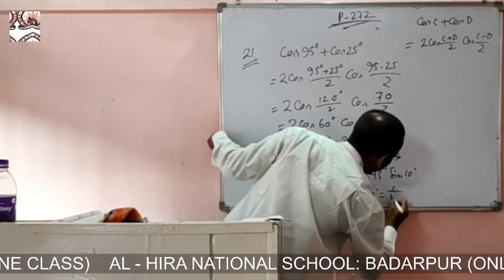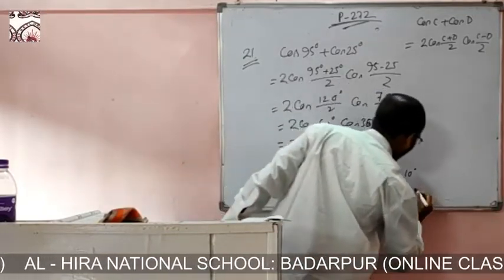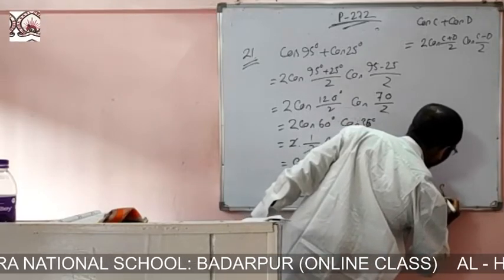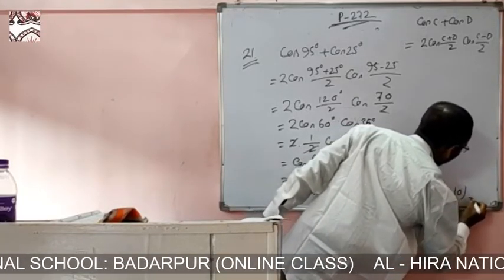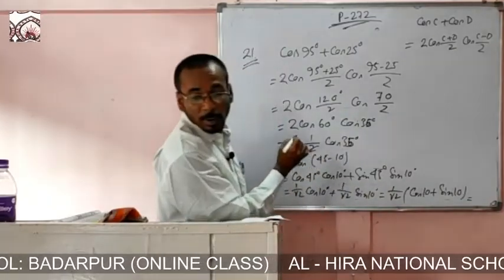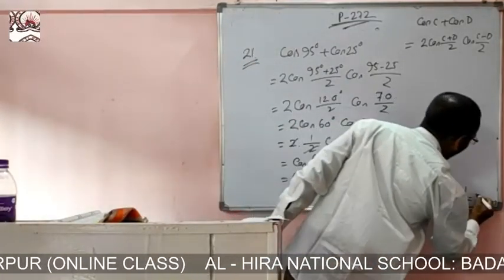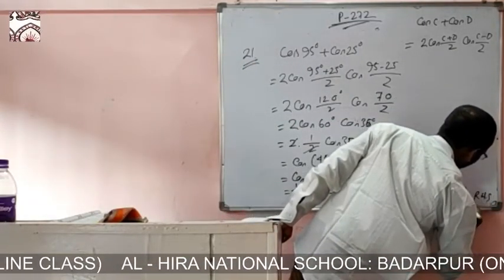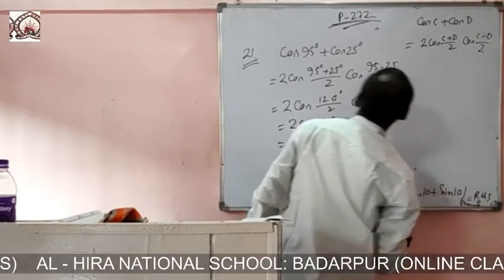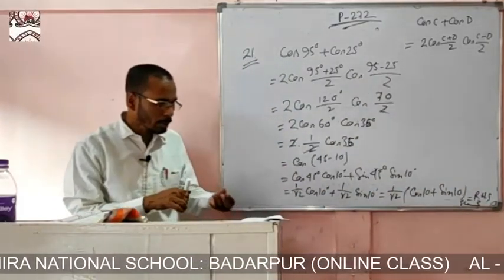If we take 1 by root 2 common, then it will be cos 10 plus sin 10. So this one is RHS. So this is proved. If you know the formula, then it is very easy.